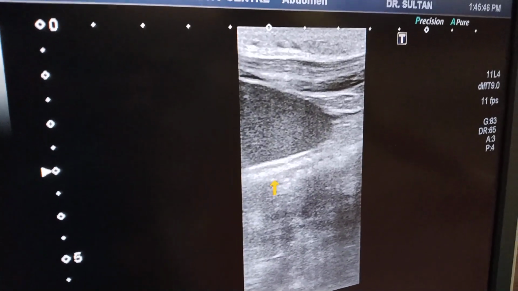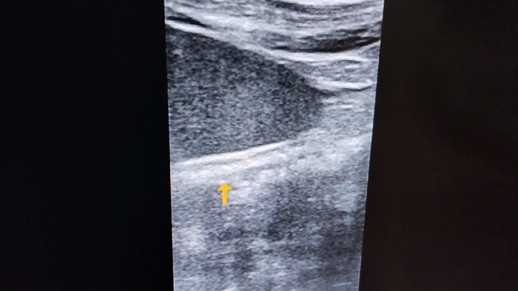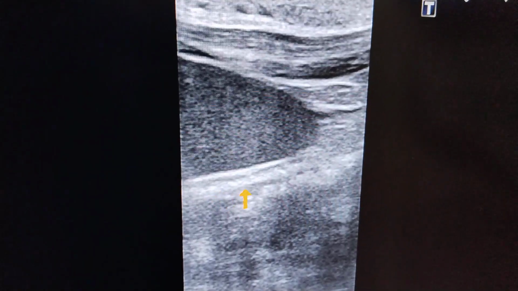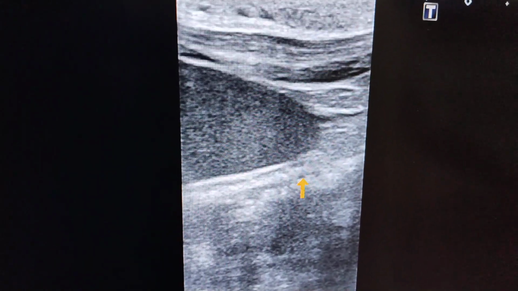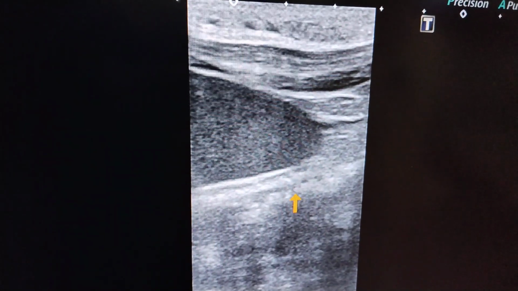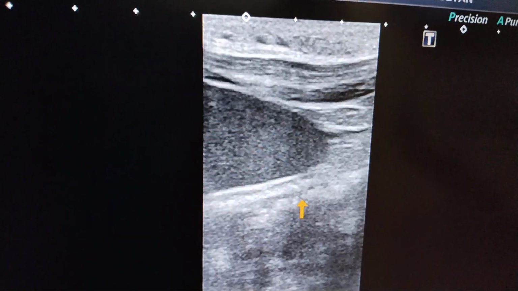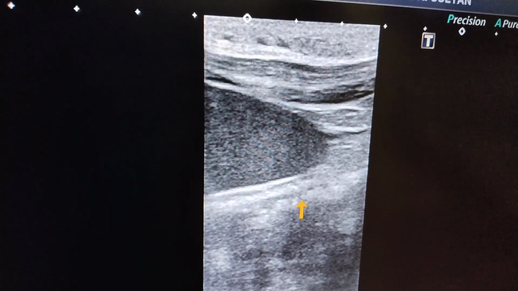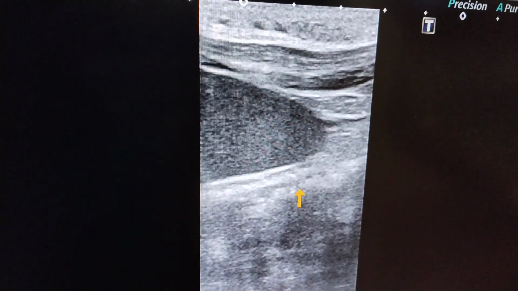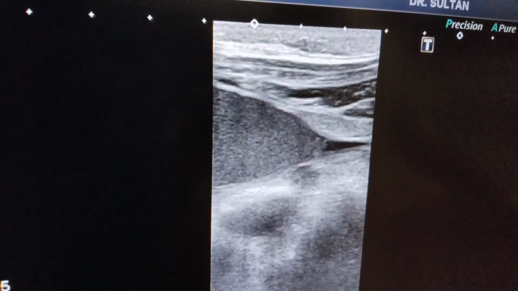Here we can appreciate this is the calcification within the cortex of the kidney. So we can say that this is cortical nephrocalcinosis. This term is used radiologically or sonographically, cortical nephrocalcinosis.